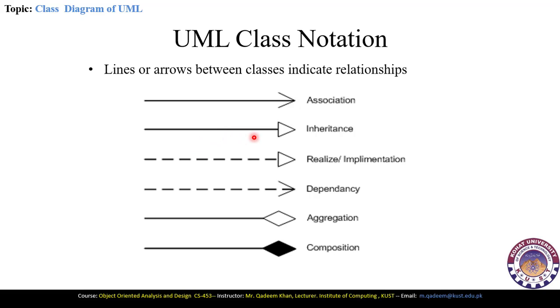This is inheritance, also called the generalization relation, with straight lines and empty triangle symbols pointing towards the parent class. This is also called realization or implementation, where we implement or realize the interface classes. This shows dependency, meaning that one class is totally dependent on another.